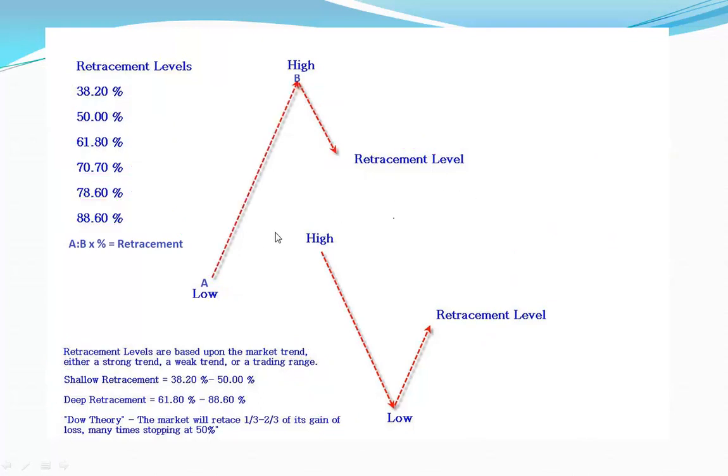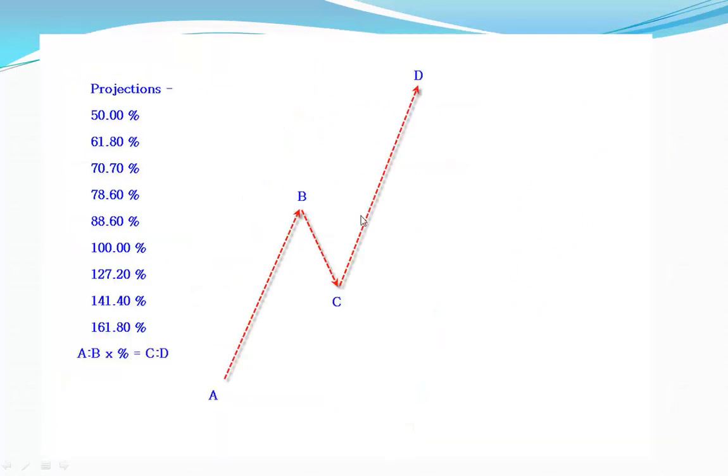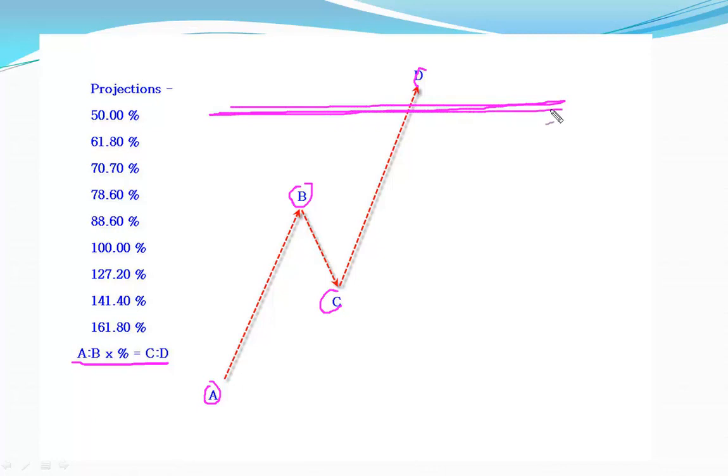So that's a retracement in a trend. Okay, now projections of what we had just discussed, where you have your A to B equals C to D. Now the trick is, here's a percentage. The question is, is there a key resistance up here somewhere that the market is watching?